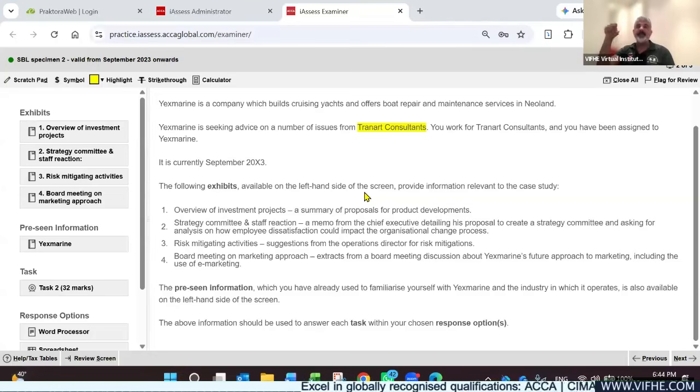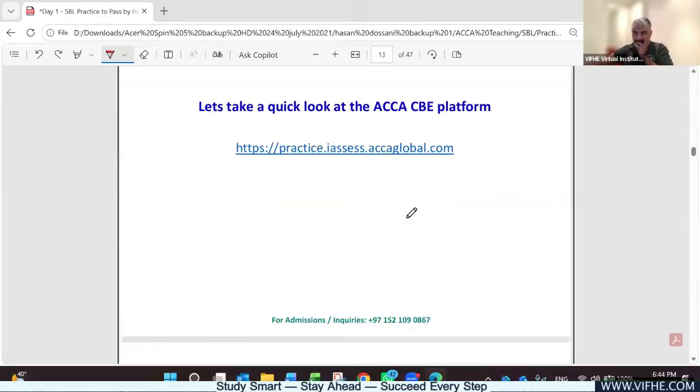You are hands on, and if you face problems, you are used to it. So all your past paper drafting or practice should be directly on the CBE platform. Is that clear? In my revision class, starting from Tuesday, all my practice will be directly on the CBE platform so that you are hands on. All right, done with the CBE platform. Let's move on.